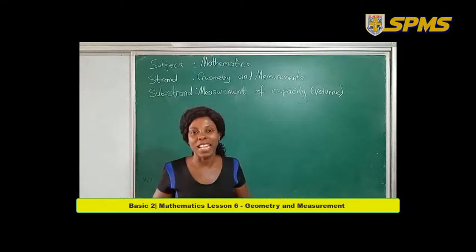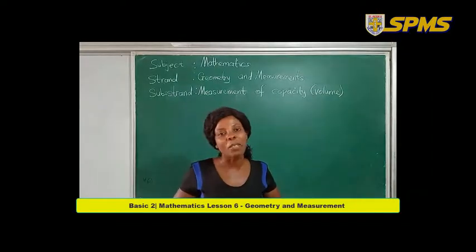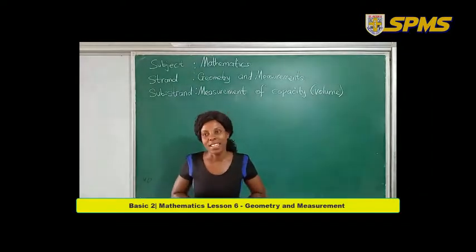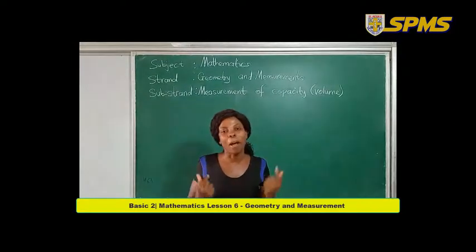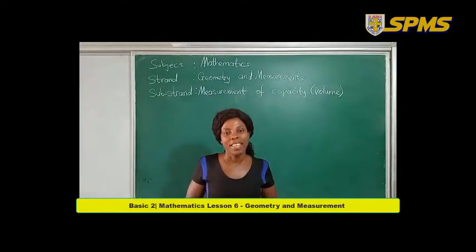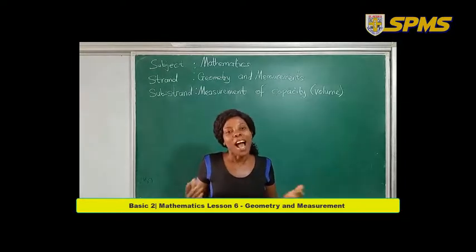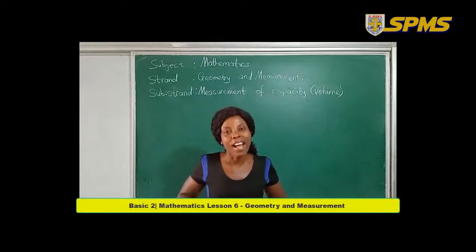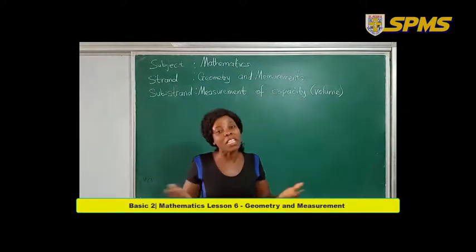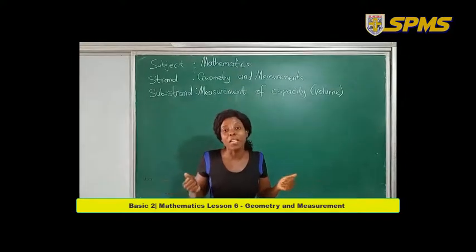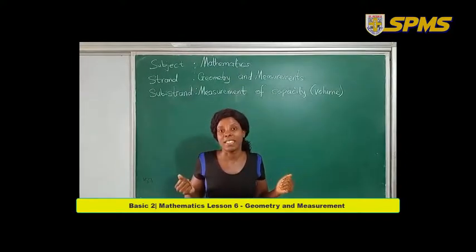In our previous lesson, we talked about measurement of mass. What did we say it is? Let's do a quick recap. Yes, we said mass or weight is to measure how heavy or light an object is. We looked at some of the instruments that you can use to take the measurement of mass.